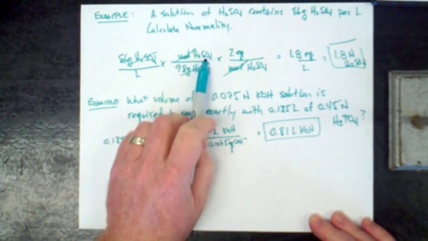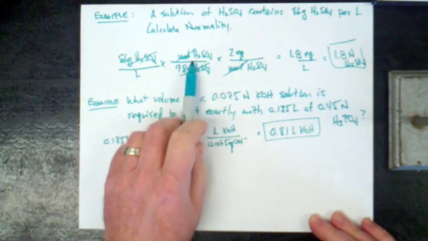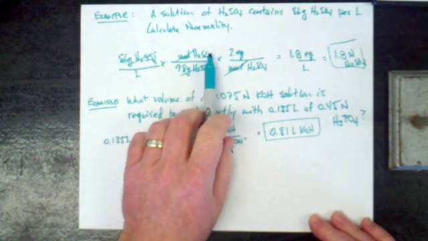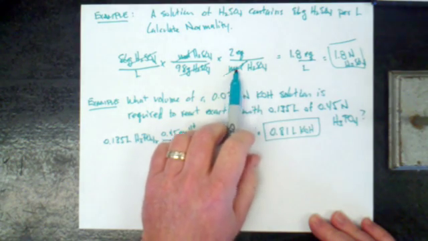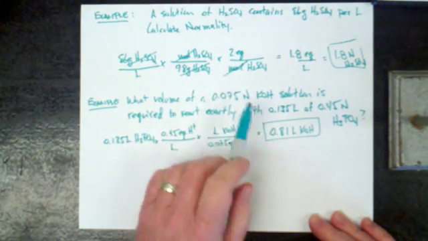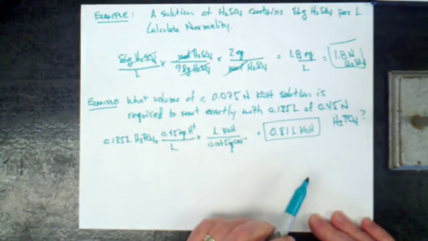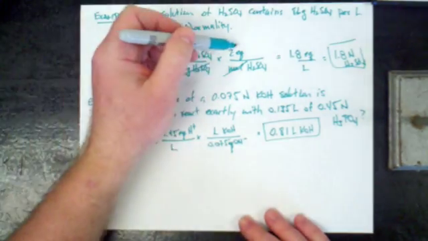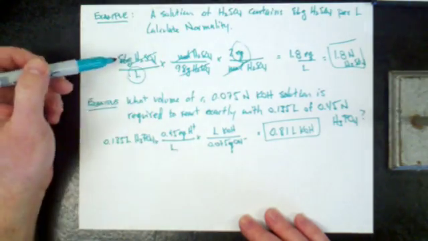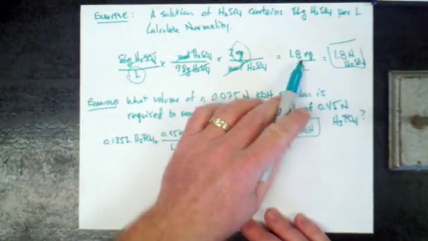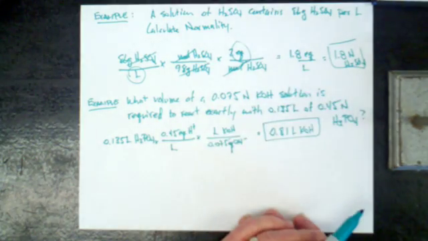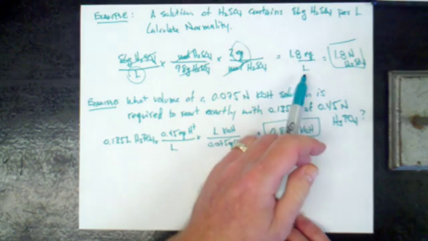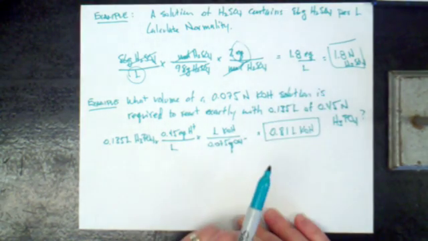That cancels grams, and I'm left with moles. Now I have to get to equivalents, so we multiply by the number of equivalents per mole. Moles cancel, leaving us with equivalents. So the units we're left with are equivalents per liter, and equivalents per liter equals normality. So you take your calculator to it, and you should get 1.8 equivalents per liter. Equivalents per liter equals normality.